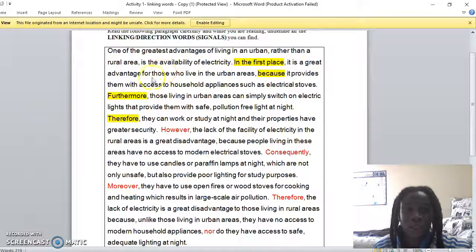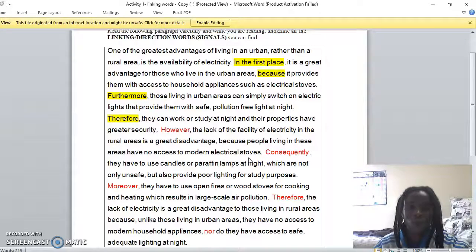Now, all these highlighted in yellow are additional signals that are speaking about the advantages of people living in urban areas. And then here we have a change of direction which reads, "however, the lack of the facility of electricity in the rural area is a great disadvantage because people living in the areas have no access to modern electrical stoves."